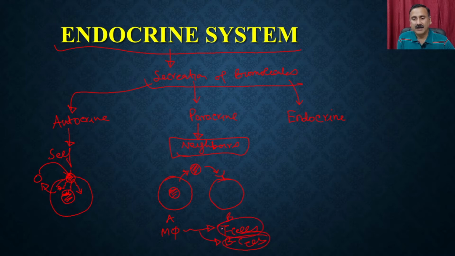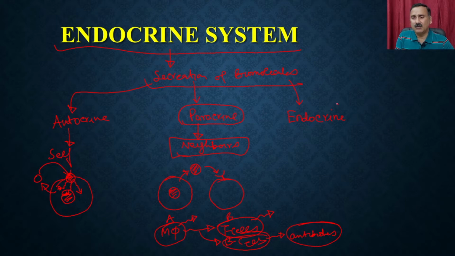Macrophages express proteins or antigens, and they can also secrete some cytokines, which are received by the T cell and B cell, and they will then secrete additional amounts of antibodies. All these responses are only possible when they get a signal from the macrophages or from the T cells. So, this is just a simple example where paracrine signaling is very crucial in providing the necessary responses.